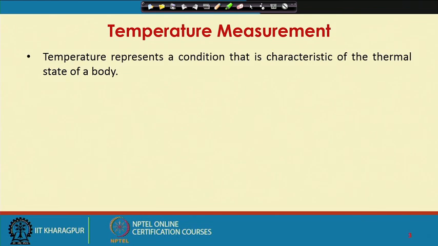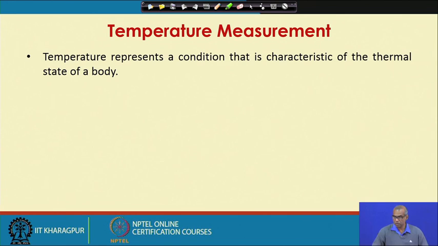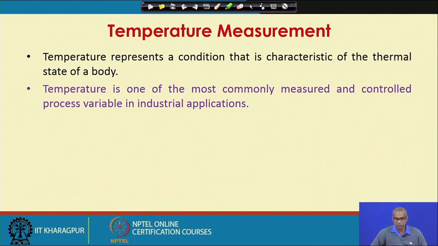Temperature represents a condition that is characteristic of the thermal state of a body. Temperature is one of the most commonly measured and controlled process variables in industrial applications.